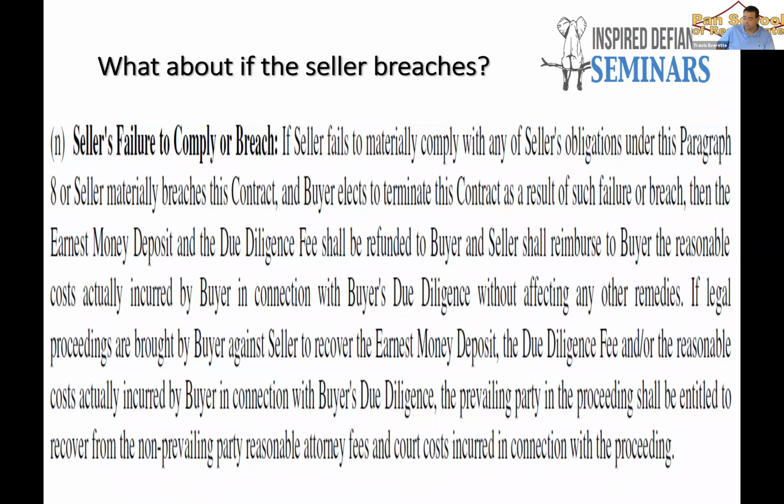Here's what it says. If the seller fails to comply with any of their obligations or breaches this contract, and the buyer elects to terminate this contract, then the earnest money deposit and the due diligence fee shall be refunded to the buyer. So that's number one: if the seller breaches, give the buyer all their money back.